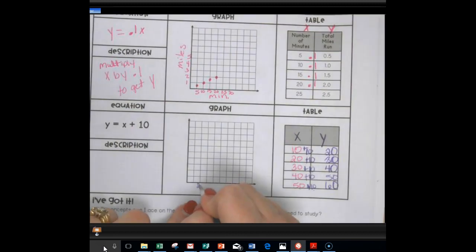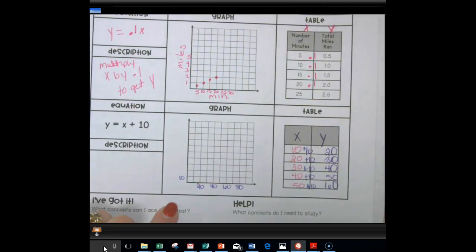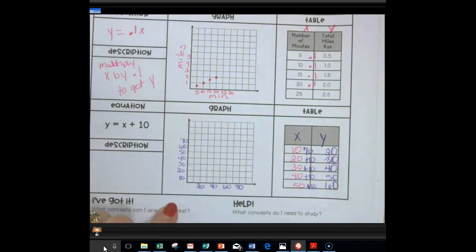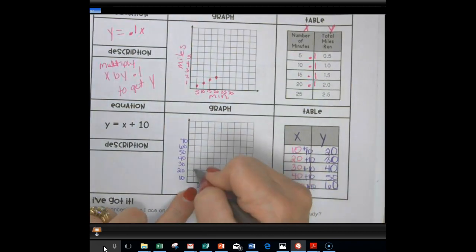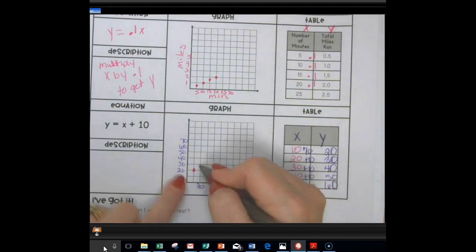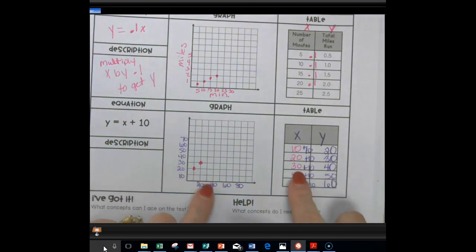So I can do 20, 40, 60, 80. And 10, 20, 30, 40, 50, 60, 70. So 10 would be here. 10 and 20. 20 and 30. 30 would be right here between the 20 and 40.